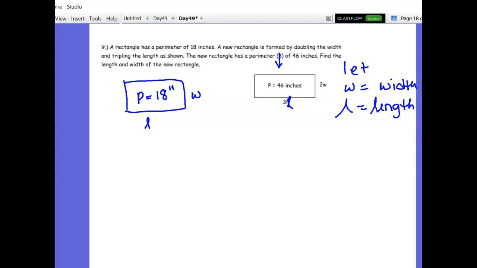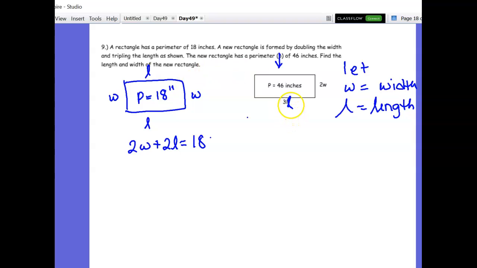We know we're going to need 2 equations. So when we write our equations, the perimeter actually is all of the sides added together. So don't forget about this side, which is L, and this side, which is W. So if we added them all together, we would get 2 W's plus 2 L's would be equal to 18. There's our first equation. Now our second equation is right here.